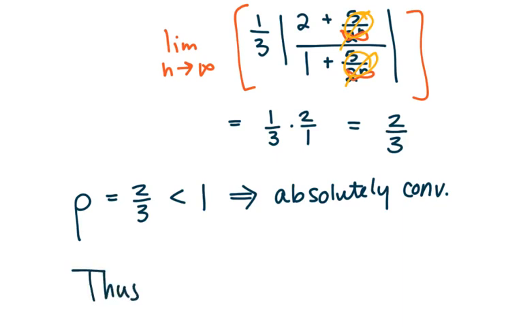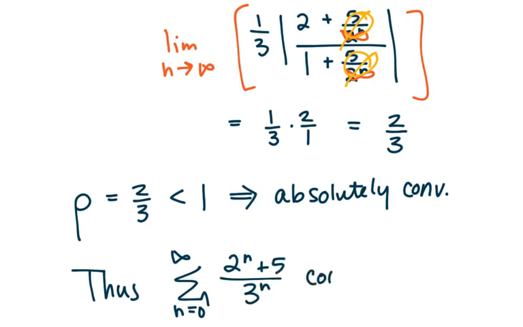So thus, that series, n equals 0 to infinity of 2 to the n plus 5 over 3 to the n, converges. It is important for you to note here that that 2/3 is not the sum. It is my rho value, and it is just telling me that this is a convergent series.